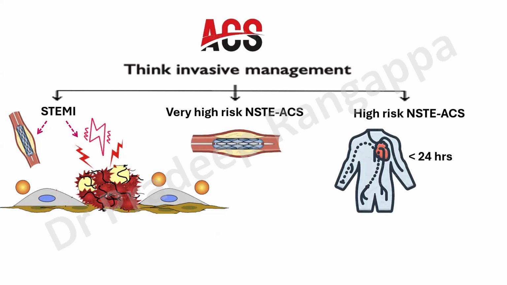In high-risk non-ST elevation ACS, the recommendation is that angiographic evaluation of the severity of the problem has to be done within 24 hours. There should not be delay in angiographic evaluation of the extent of the vessel occlusion.